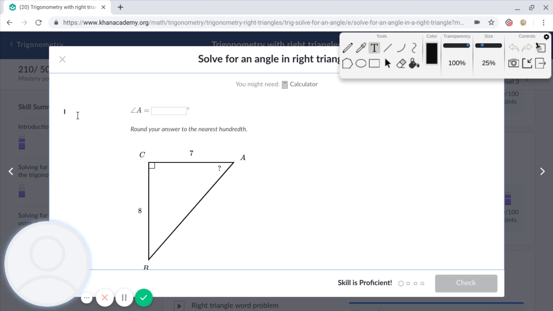So what I was going to say was, great, sine -1, cosine -1, and tangent -1.